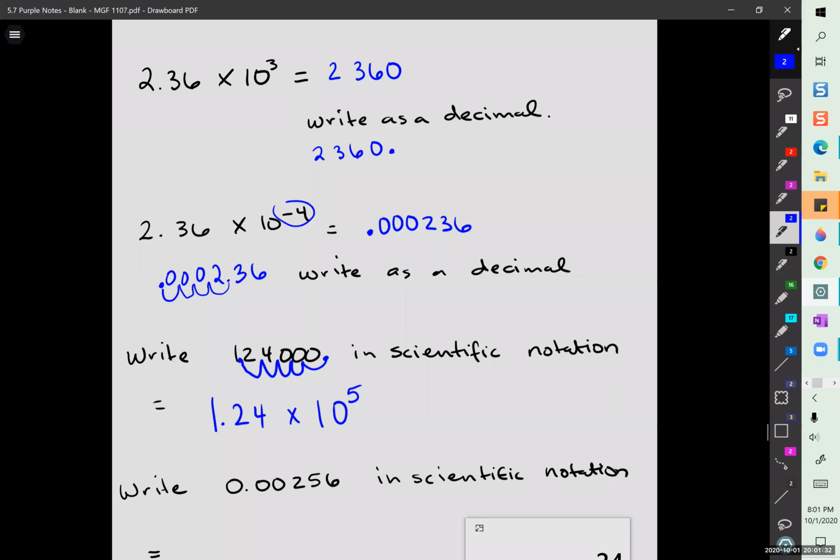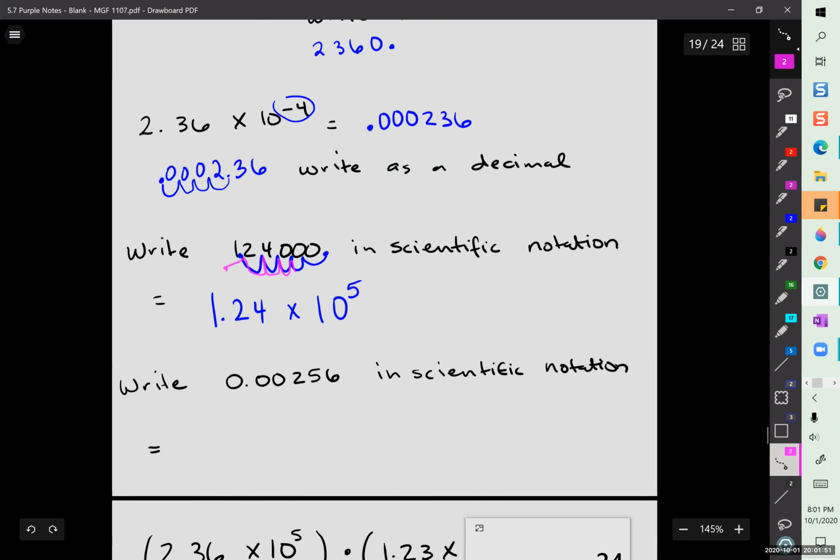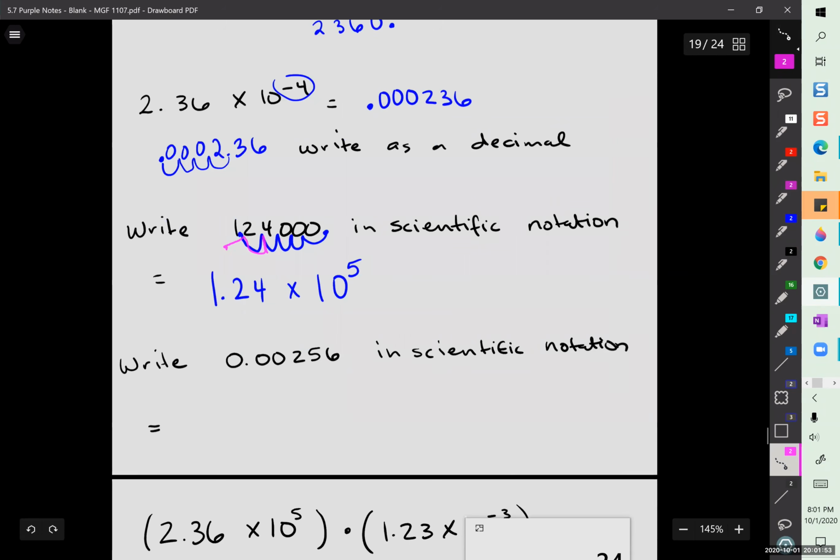But that's because we were reversing the order. It's not going the same direction. In this case, we're taking a decimal and we're saying in order to get into scientific notation, we're having to take away decimal places because it's such a big number. So that's why it would be to the positive 5. Take a moment to find the next one on your own.